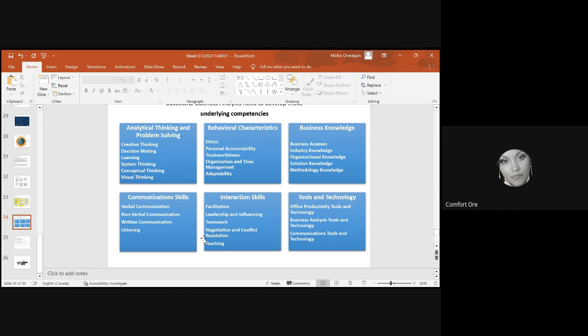There are some other ones. As a BA, like I mentioned, you could be working on a PowerPoint presentation tool, Publisher. You can be working on Miro, Visio, Tableau, Excel, and some other tools that are not coming to mind as of now.